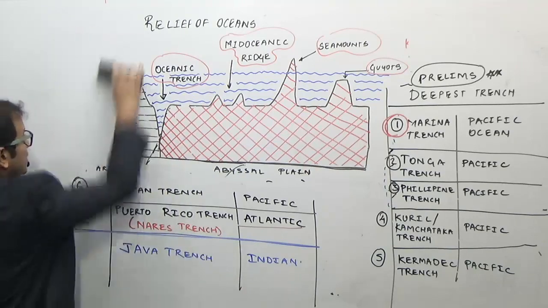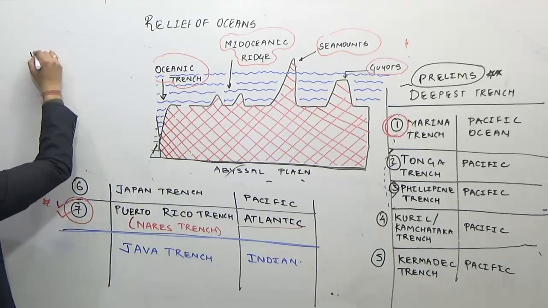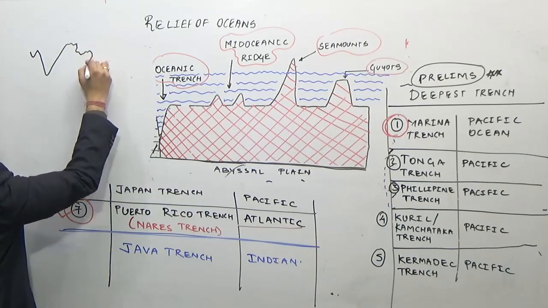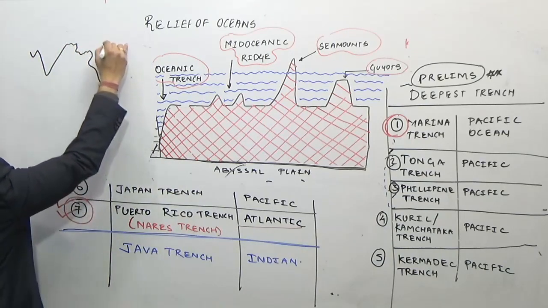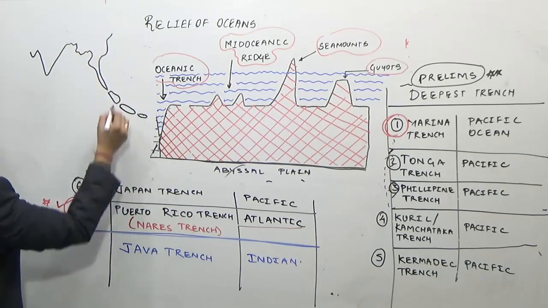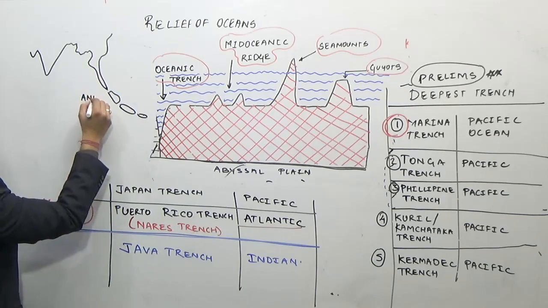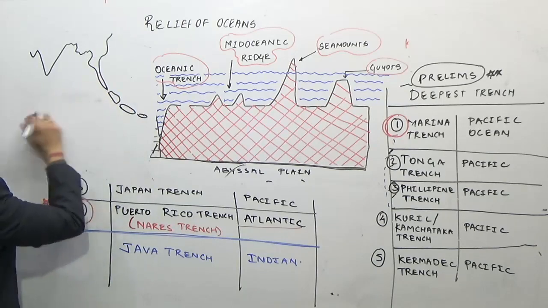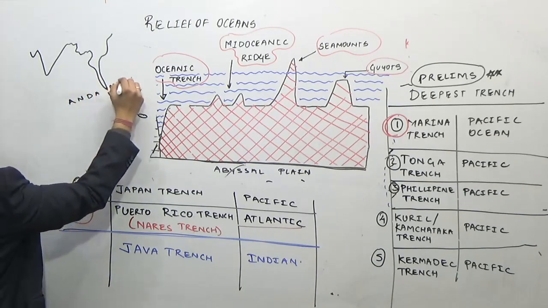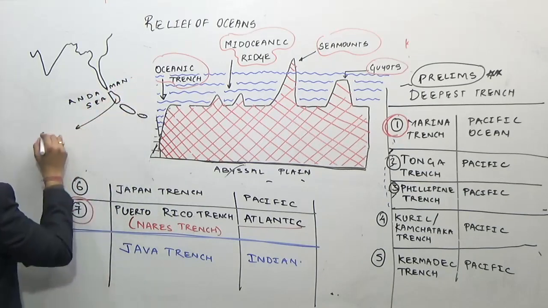Now where is this Java Trench located? If we take this as a part of India, this is the Sumatra region of Java. This is Singapore. This is the Andaman Sea region, and this is the island of Sumatra.